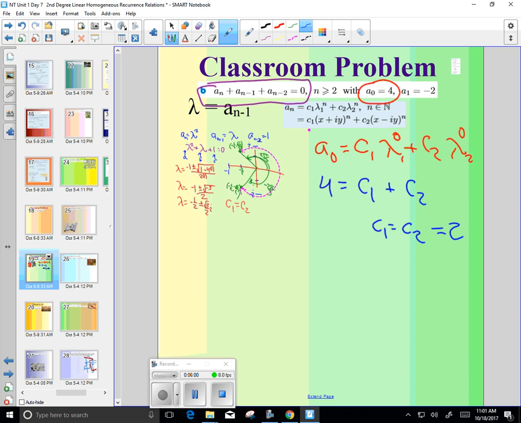They're just going to be 2. And you can always bet on that for the complex. If you have an A0, C1 and C2 are going to be half of this A0. So C1 equals C2 equals A0 over 2. If that's a formula you want to put in your back pocket for complex, you can do that.